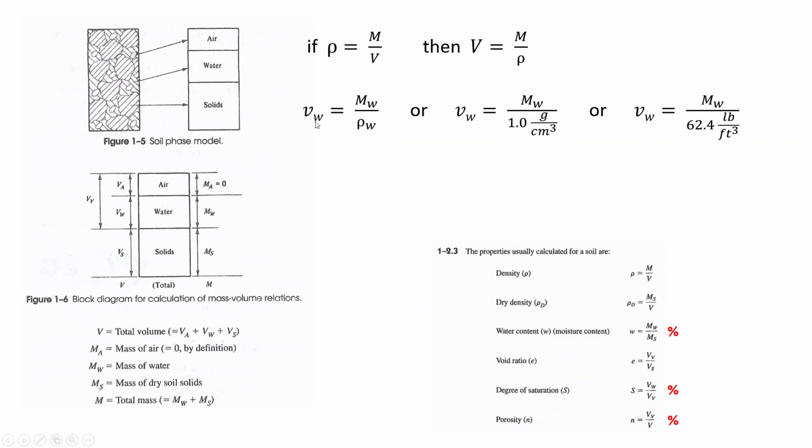The volume of water is then equal to the mass of the water divided by the density of water, in whatever units it is that you're working in.